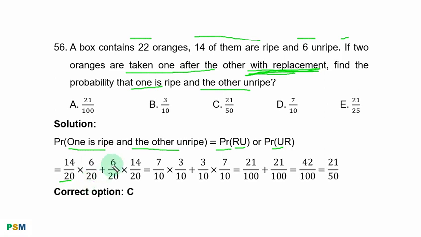Plus unripe 6 over 20 times ripe 14 over 20. When you simplify respectively, you have this result. When you multiply, you get this result. After adding the like fractions, you have 42 over 100, which reduces to 21 over 50. The correct option is C.